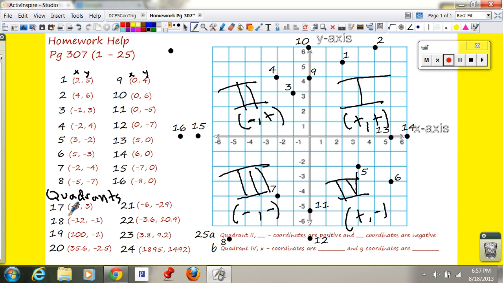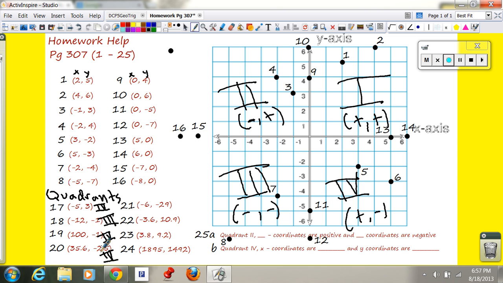So if we're looking at number 17, it's a negative, then a positive. Negative, then a positive would put me in quadrant 2. So we don't have to plot these, we just have to put what quadrant they're in. A negative, negative is down here in quadrant 3, over negative, down negative. So that's quadrant 3. Positive, negative means you go over positive, down negative. That's going to be in quadrant 4. Positive, negative again is quadrant 4. We don't have to worry about the decimals.